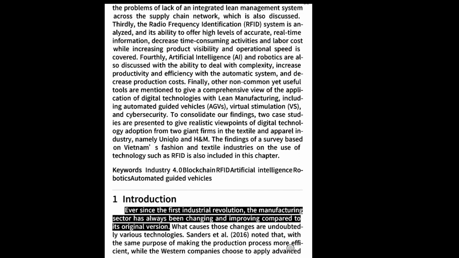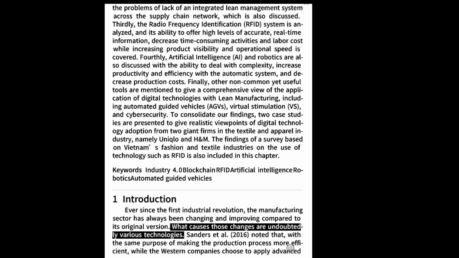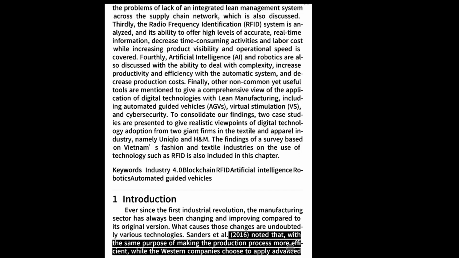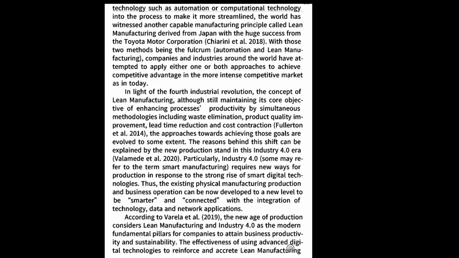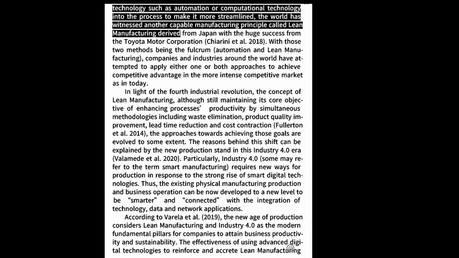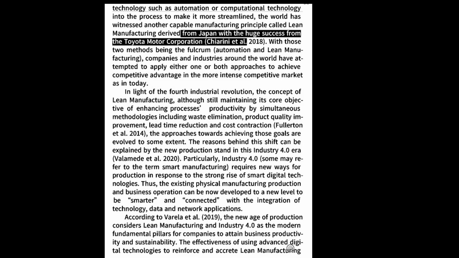1. Introduction. Ever since the first industrial revolution, the manufacturing sector has always been changing and improving compared to its original version. What causes those changes are undoubtedly various technologies. Sander et al. 2016 noted that, with the same purpose of making the production process more efficient, while the Western companies choose to apply advanced technologies such as automation or computational technology into the process to make it more streamlined, the world has witnessed another capable manufacturing principle called lean manufacturing derived from Japan with the huge success from the Toyota Motor Corporation, Chiarini et al. 2018.